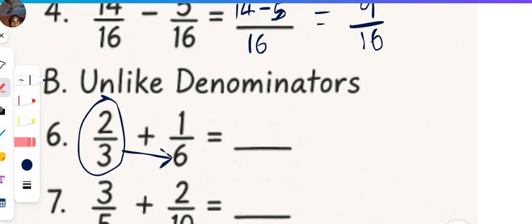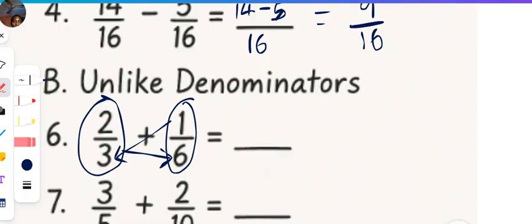Can you see the arrows there? The arrows will help you out. Pick the first fraction, multiply by the denominator of the second fraction, and then you pick the second fraction, and multiply by the denominator of the first fraction. Can you see how this work is done?